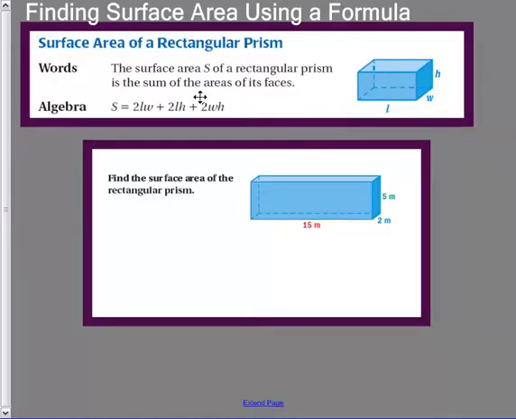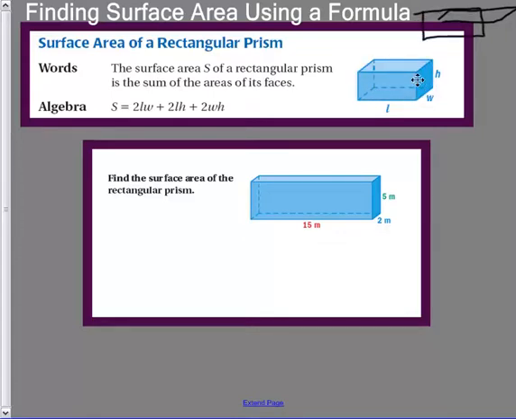The surface area for a rectangular prism is 2 times the length and the width, because if you look, here's my length times my width. It's the base, and it's also the base up here, so it's the top and the bottom. If we look over here, the length times the height would be our side lengths, the front side and the back side.